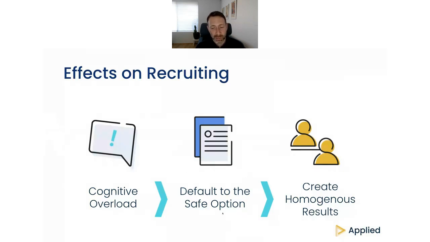So what that means in recruitment is you'll pick someone from a well-known university over one from a less well-known one or no degree, or you'll pick someone from a brand name company that you know of rather than a less known one, or you'll pick someone who's similar to you or similar to the majority of people in that organization. And what happens is you tend to create these homogeneous results where everyone is from the same background and they tend to look, sound, and act the same.